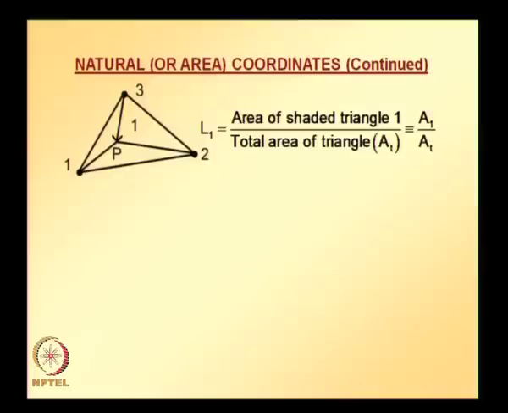L1 is area of shaded triangle. Here it is not shaded, but it is denoted with 1, that is area opposite to node 1 divided by total area denoted with AT. So, area opposite to node 1 is denoted with A1 and total area is denoted with AT. L1 is defined as A1 divided by AT.